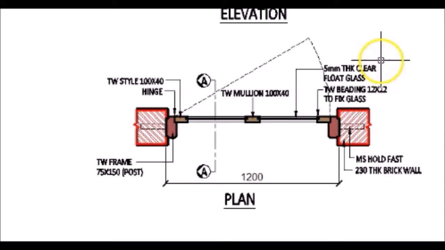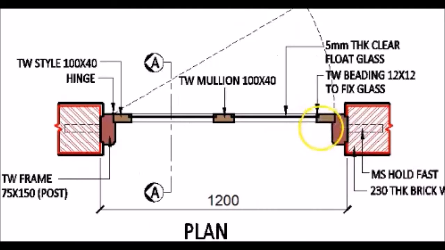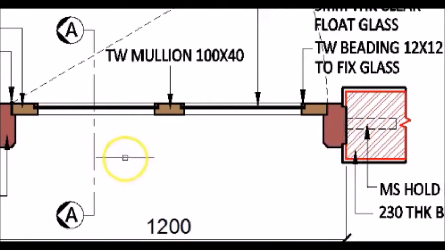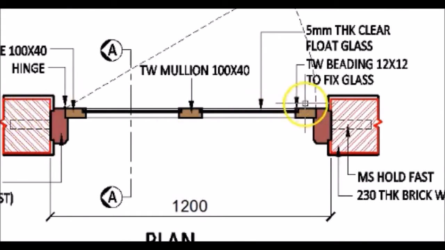As has been given earlier, it is an entrance door and it has a glazing and it also has a panel. So you will see that if you zoom into this particular portion, the door will consist of a frame. You can see the frame here.